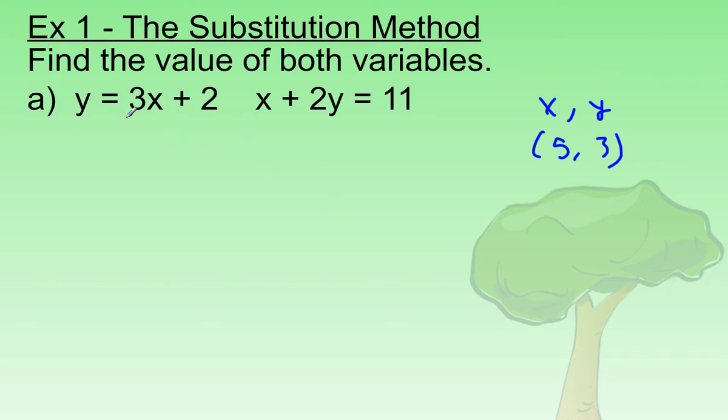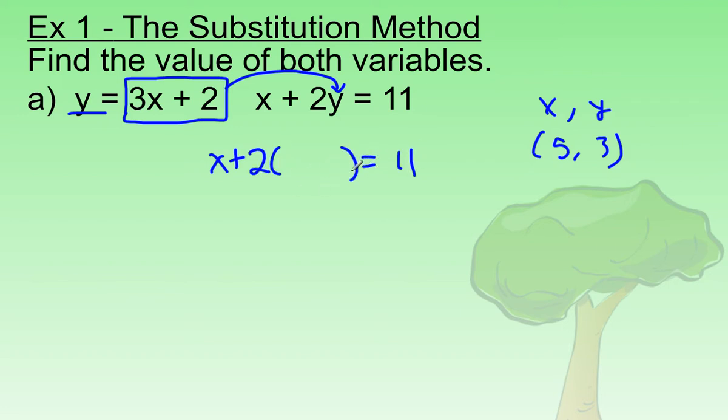And the substitution method says this. If you get one of your equations solved for a variable, like y equals or x equals, we're going to take this and plug that into our other equation. Here's how. This is going to become x plus 2 times something equals 11.